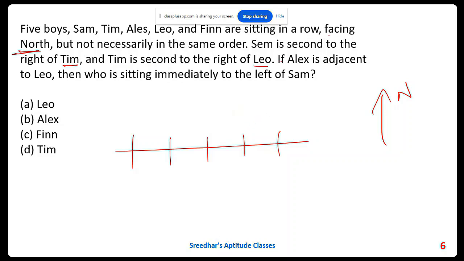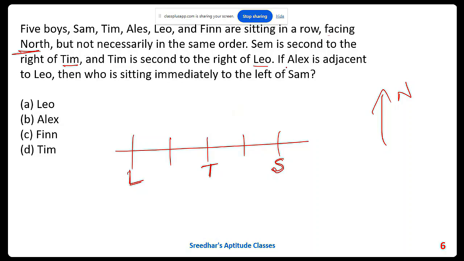If I take Leo at the left end, Tim is second to the right of Leo, and Sam is second to the right of Tim. This is the only possibility.